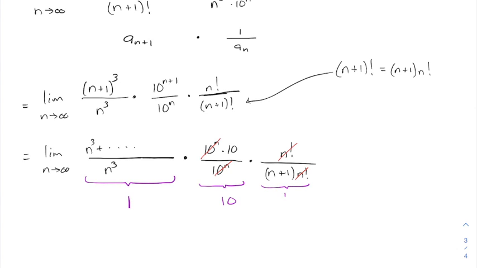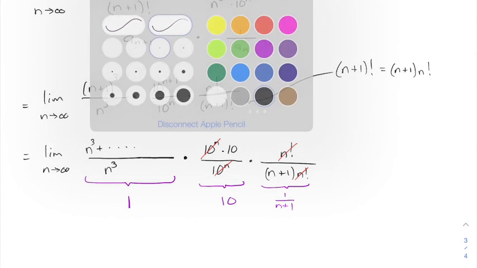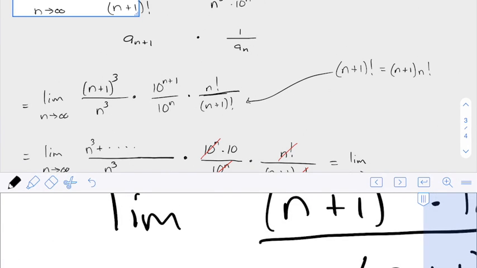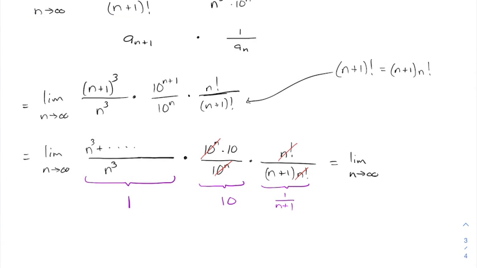And this gives you 1 over n plus 1. So basically, I've got 1 times 10 times 1 over n plus 1. When n goes to infinity, this gives me 0. That's less than 1. Therefore, this series is absolutely convergent.